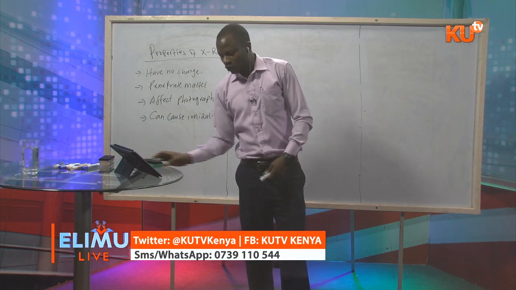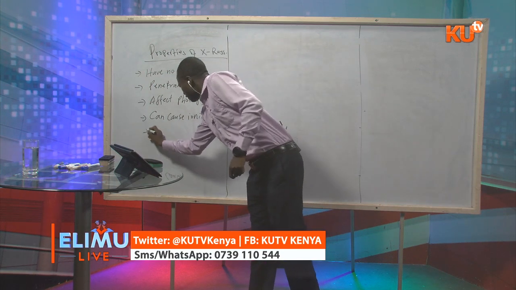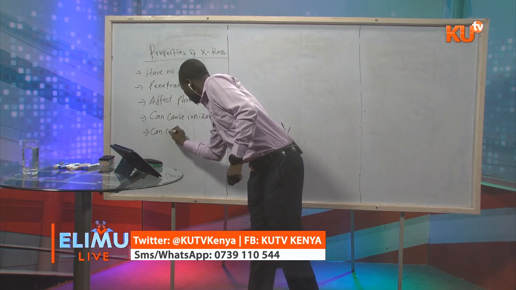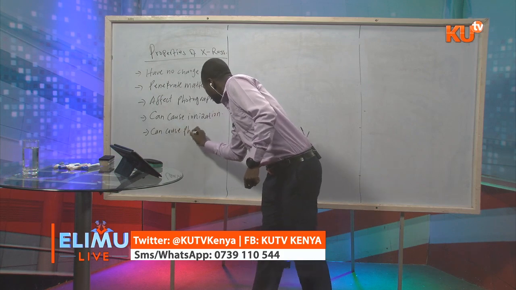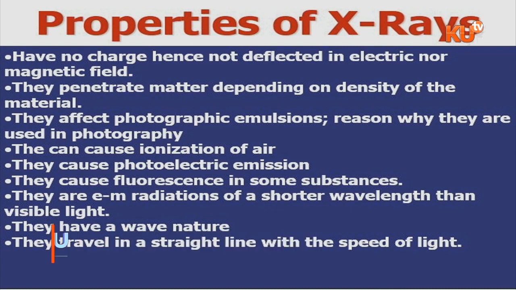Then they can cause photoelectric emission. We will look at this later in a topic called the photoelectric effect. Photo means light, so we are producing electrons due to light.